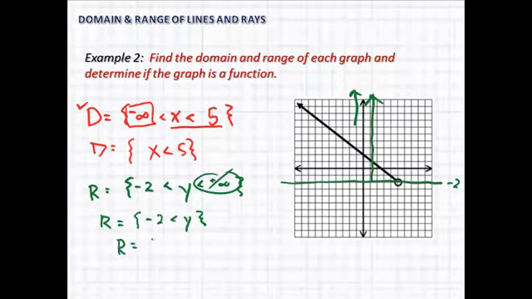So I can write y is greater than -2. And remember, when I flip the left and right side, I have to take that inequality and flip it with it.